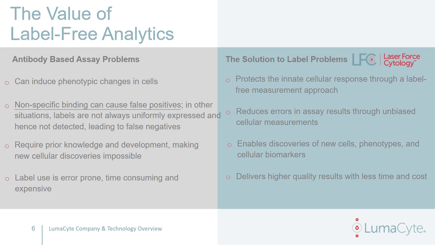For example, when you use an antibody and you attach a fluorophore and it binds to an antigen on a cell surface, it's not just there so that we can detect that cell, although it's very useful for that. But when that happens, cytokine cascades can occur, maturation, differentiation, all kinds of biological changes can occur in those cells. By using a label-free approach, you can protect the innate cellular response.